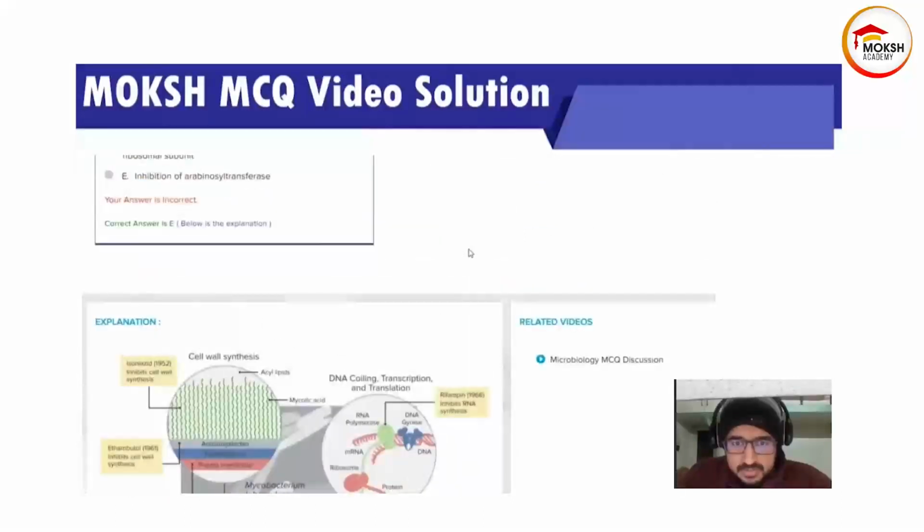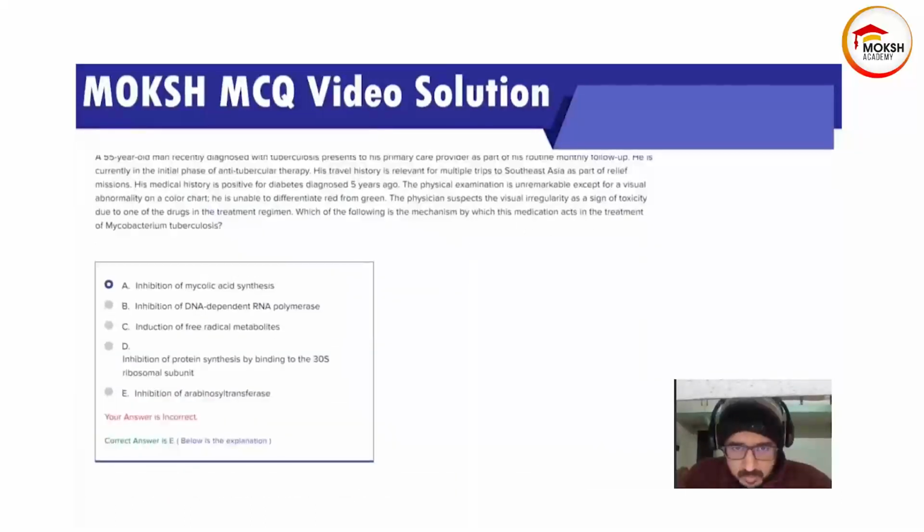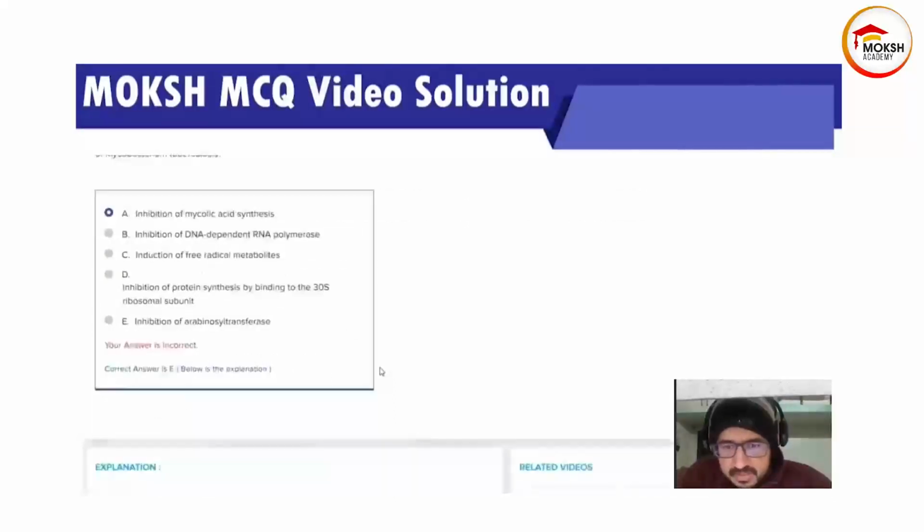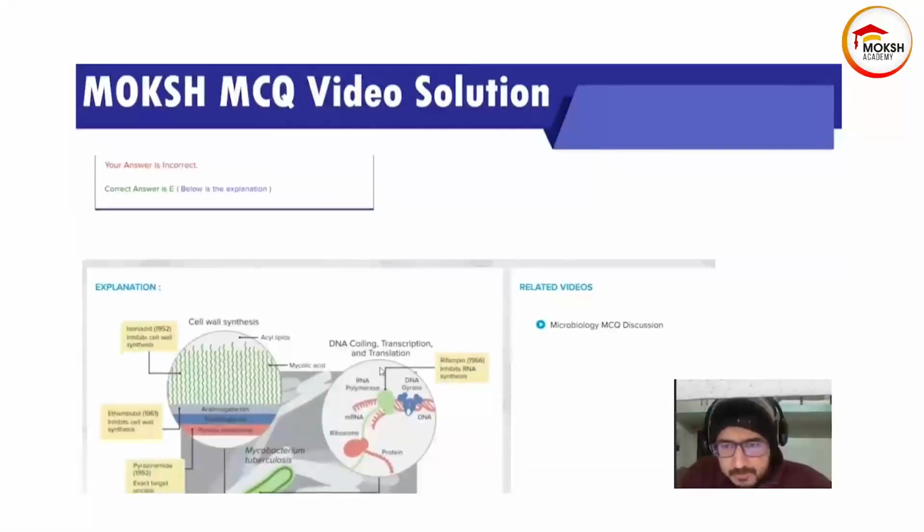Then I think I'll discuss the options. So option A explains which drug used in tuberculosis. Quick, I need answers from you. I can go on, but I need answers. Inhibition of mycolic acid synthesis is done by which drug?